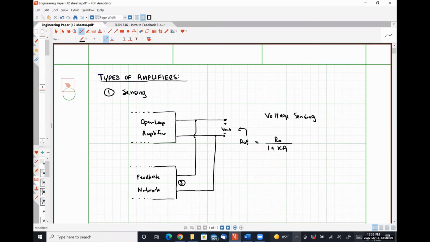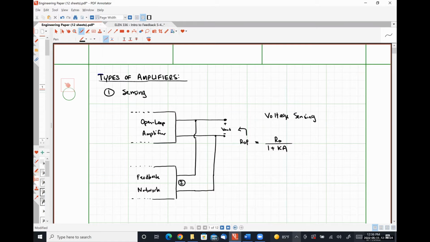So in a voltage sensing configuration, where our feedback network is connected in parallel to the output of our open loop amplifier, the feedback tends to decrease the output resistance of the system, such that our output resistance with feedback is simply the output resistance of the open loop configuration divided by the amount of feedback. We'll get into the math of why that happens in that particular way in just a little bit.